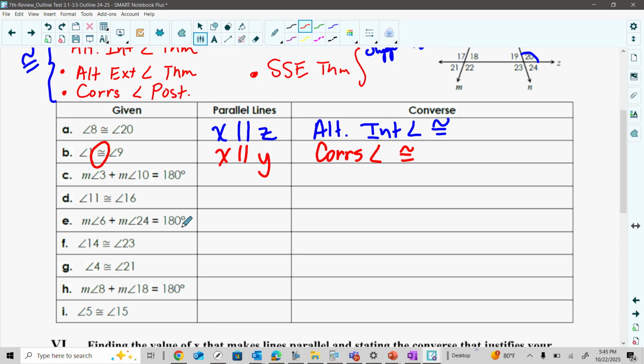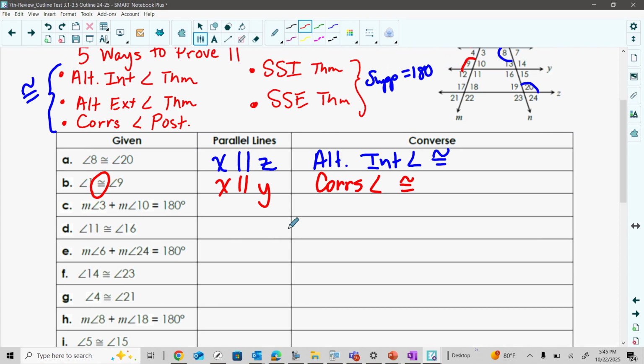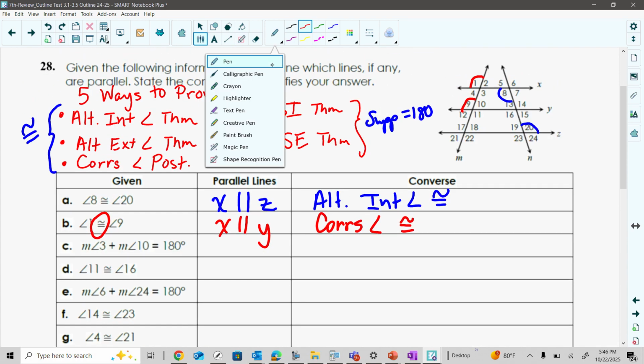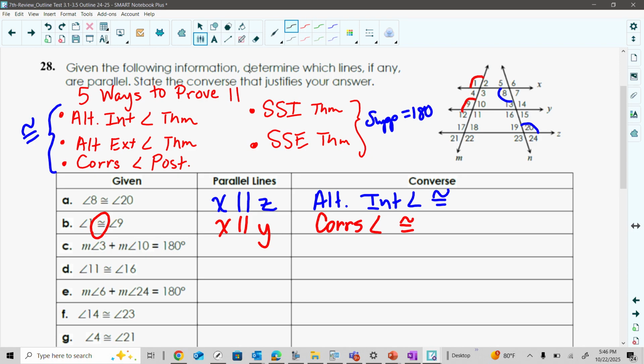When you get to supplementary equals 180, I'm going to jump to number E here. They're looking at 6 and 24. We have to make sure they have a shared transversal line to see the relationship. So here's 6 and here's 24. The transversal's in, and those two are same side exterior.